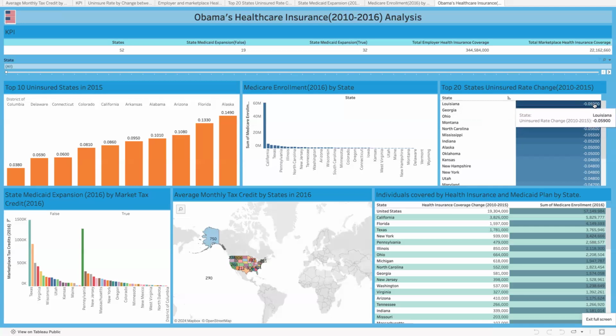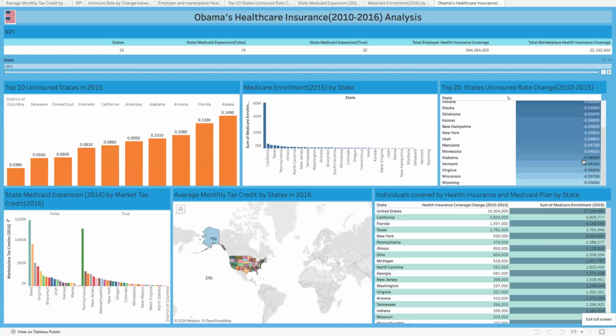That means the uninsured rate in Louisiana from 2010 to 2016 reduced by 6%. In Georgia, we have the same, approximately 6%, and in Ohio, the same. If we go down, we'll see some states that reduced by 3%. And let's not forget that it also has to do with the population in the state.